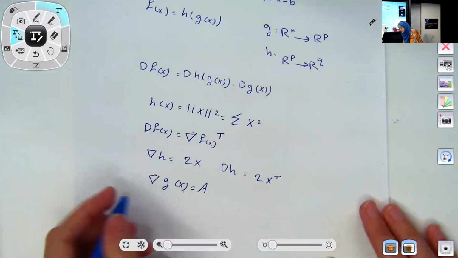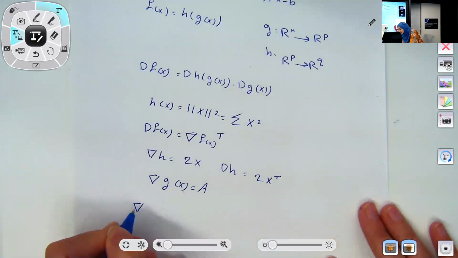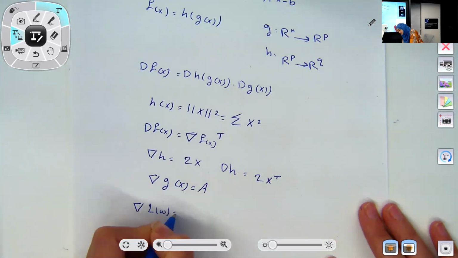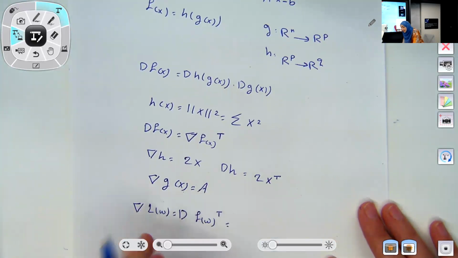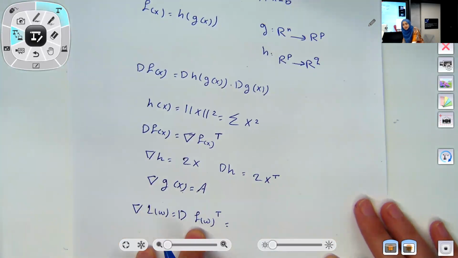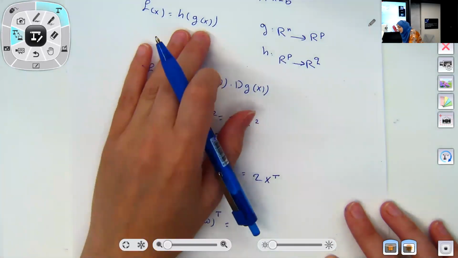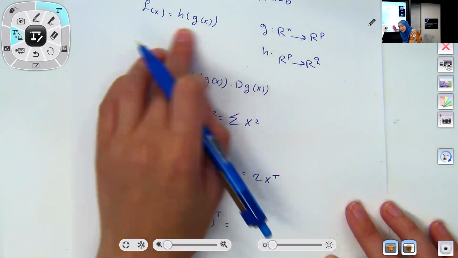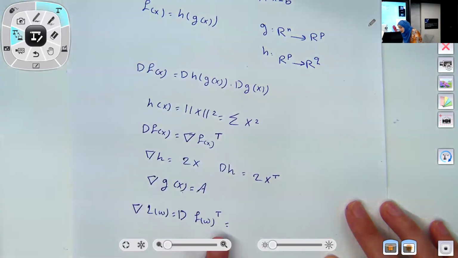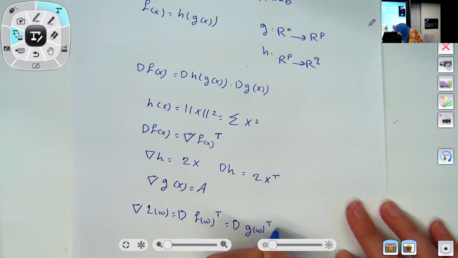Now we just need to substitute and find the gradient of L of omega, which equals the Jacobian of f of omega transpose. Because f of omega is a composite function of h and g, we use the chain rule to find the Jacobian of f, which equals d of g of omega transpose multiplied by d of h of g of omega transpose.